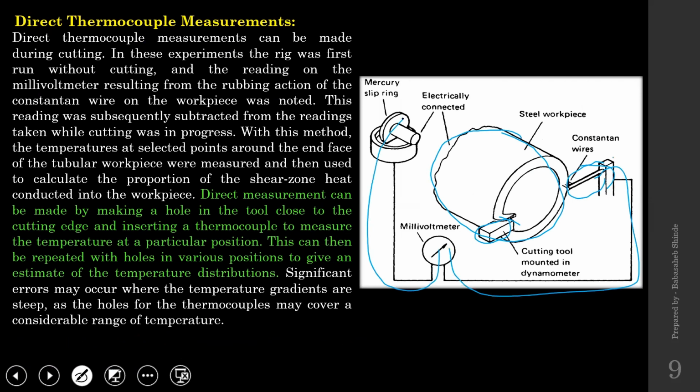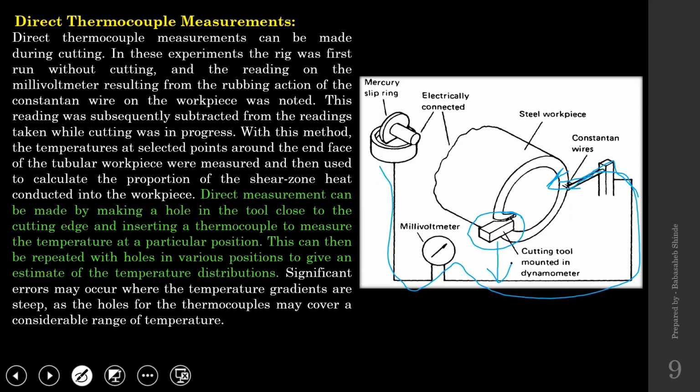So simply consider this as a metal wire. That metal wire will be brought in contact with the workpiece whose temperature is to be measured, and that would be connected into the electrical circuit. So the tool is now not connected into the electrical circuit.